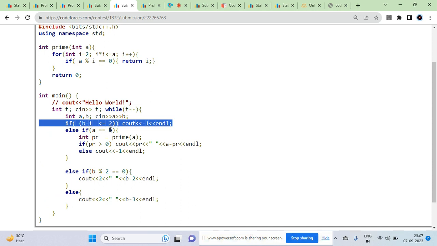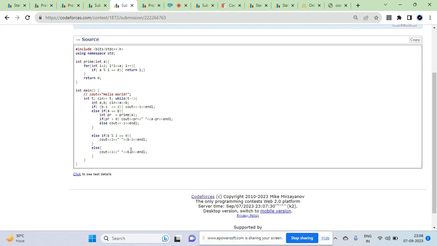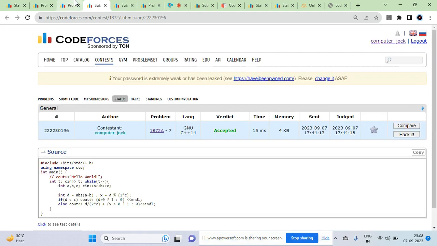If a equals b, find prime returns me a divisor. I just found one divisor. The divisor should be greater than 0, and I write the divisor and the remaining part, a minus divisor. Else minus 1. That's about it for the C problem.